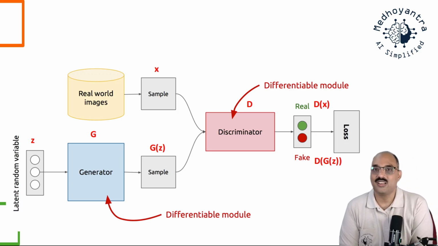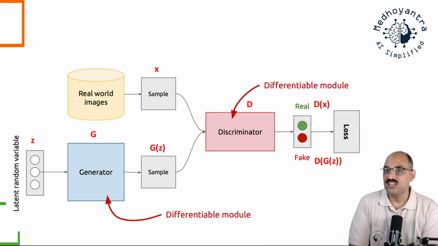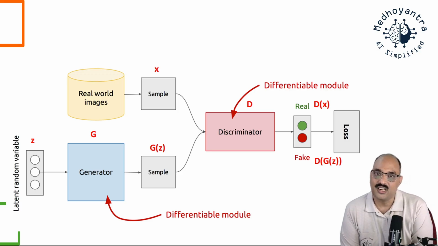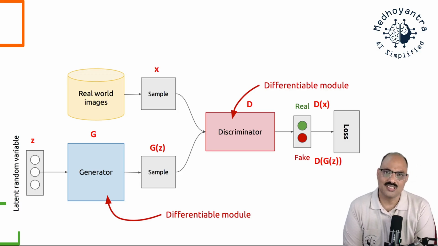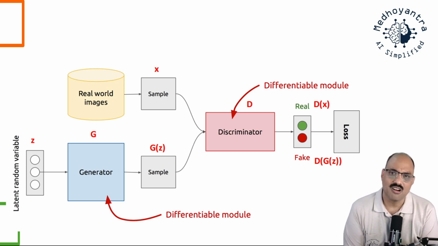Now the discriminator network has real data. Since the discriminator has real data, it can tell whether the generator's image is a real one or a fake one. It only says whether the generated random image is fake or not.